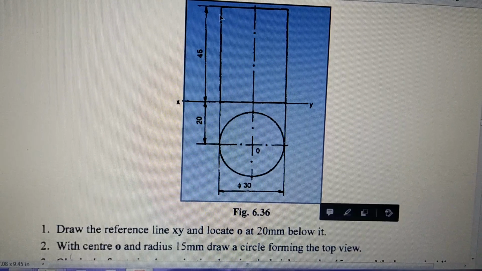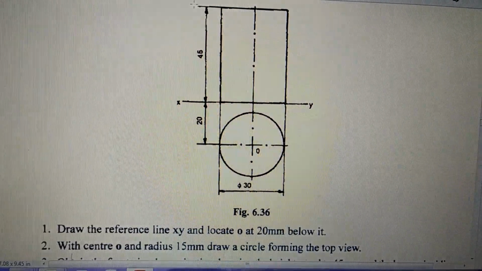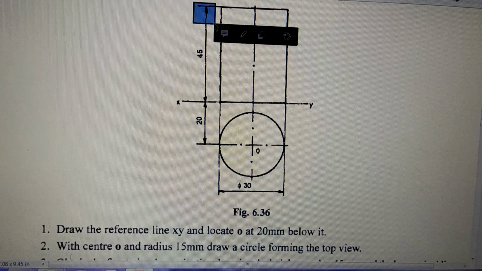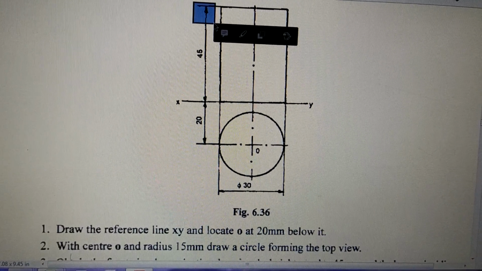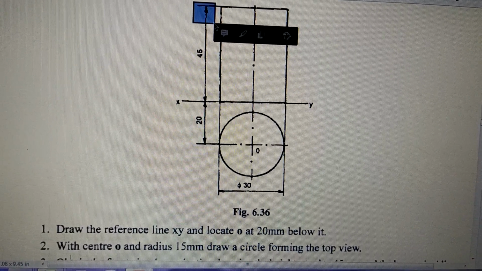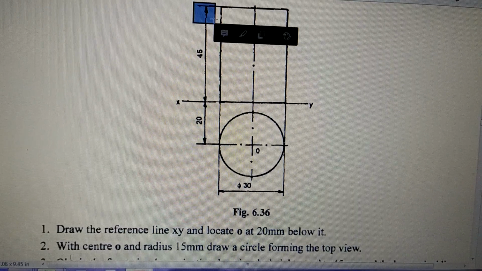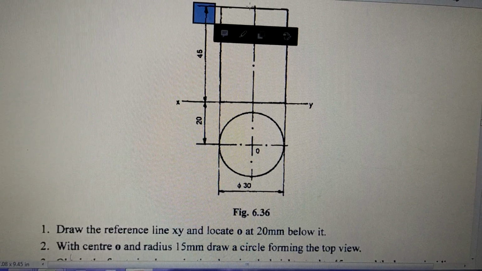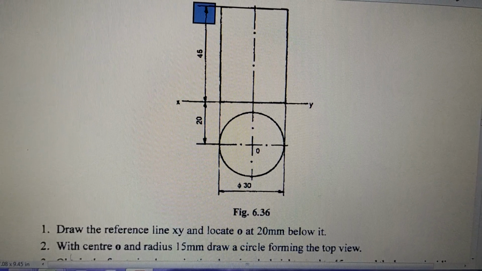You have to also see how the arrowheads are drawn. In the earlier exercise, the students did not draw the arrowheads properly. The arrowheads have to be drawn such that one side is 1 mm and the other side is 3 mm.